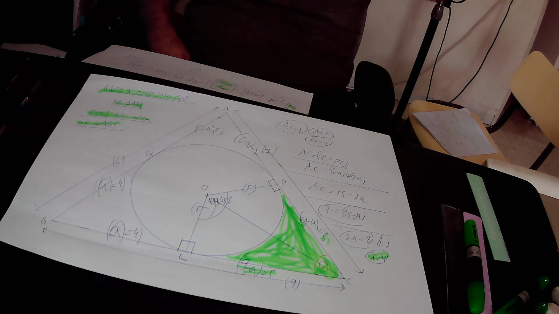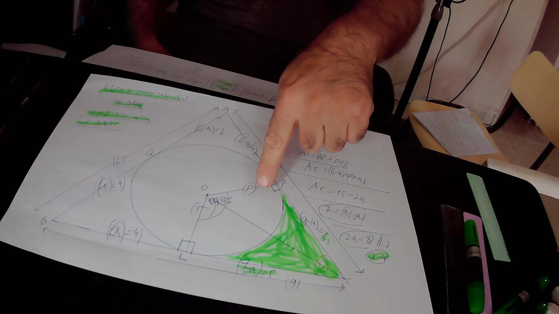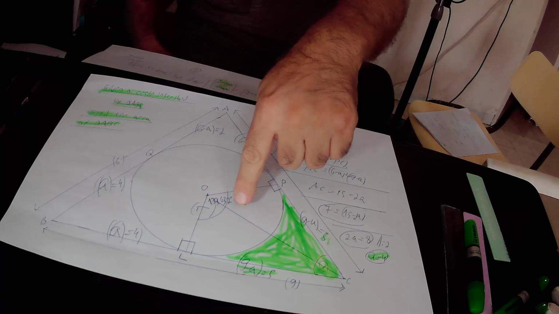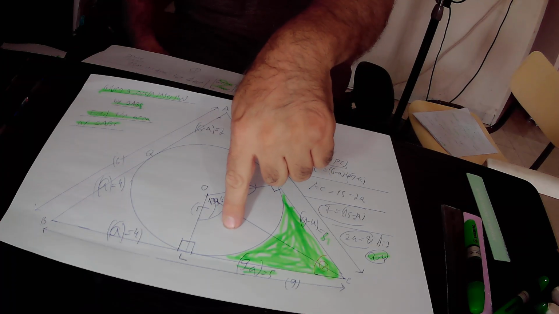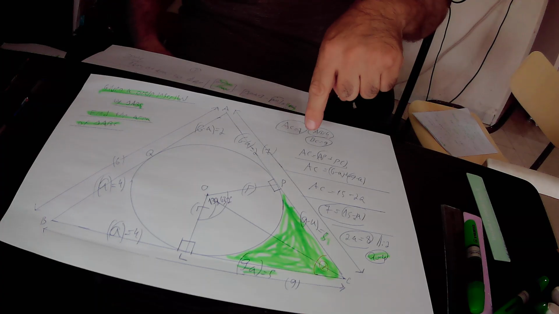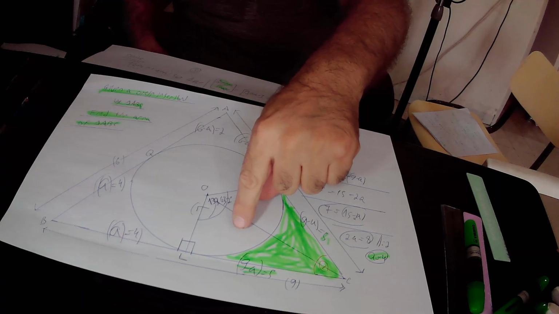That is to say, the area of quadrangle POLC in total equals the area of this right triangle POC plus the area of this right triangle OLC. Again, the area of quadrangle POLC must be equal to the sum of the areas of those two shapes that it consists of.